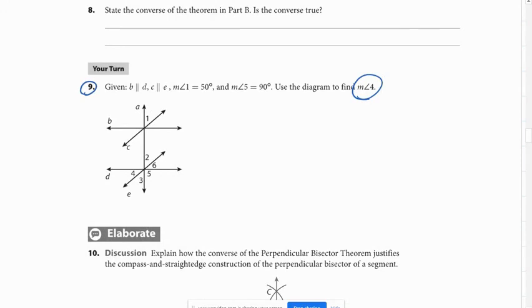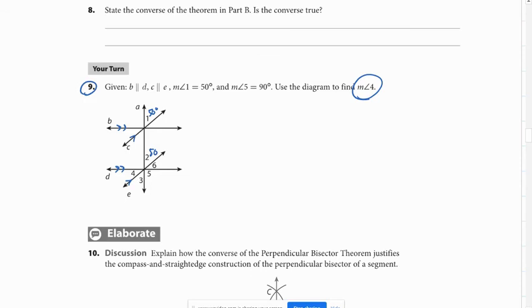All right, so if we label angle 1 as 50 degrees, we know that B and D are parallel. We also know that C and E are parallel. So we can mark those parallel. And so from what we learned in the previous couple of sections, if the lines are parallel, then corresponding angles are congruent. So 1 and 2 are corresponding, so 2 would be 50.